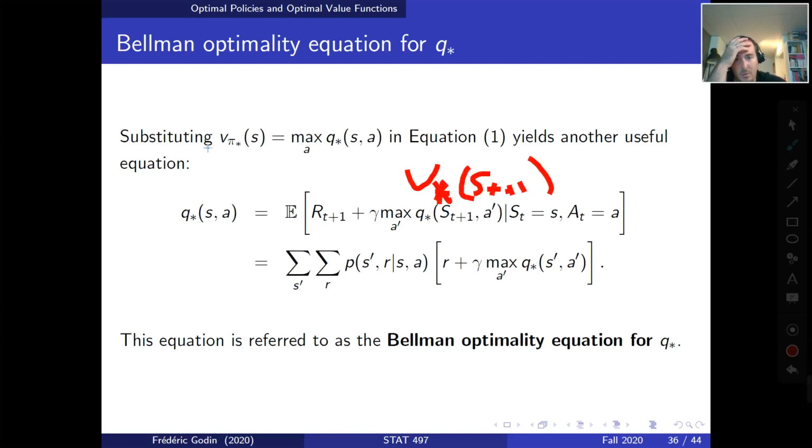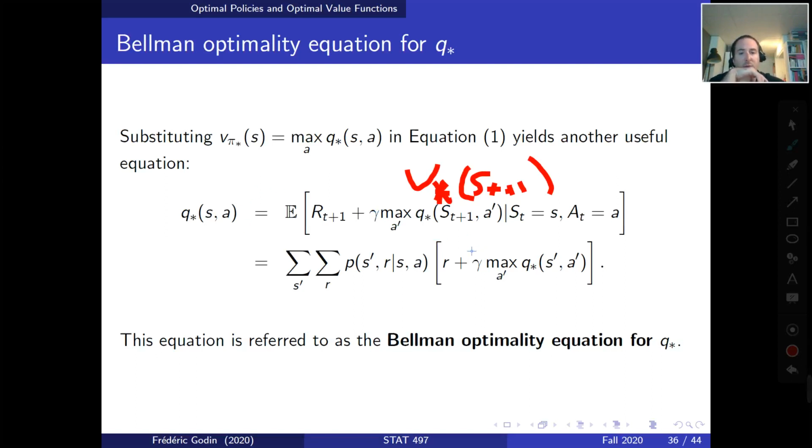But we saw that V star of S t plus 1 can be written as the maximum across all actions of Q star of S t plus 1, A. And here, instead of A, we write A prime because A is already used for the current action. So this gives us a recursive equation which allows calculating Q star from the value of Q star at all possible subsequent states.